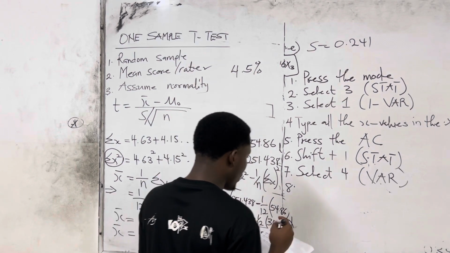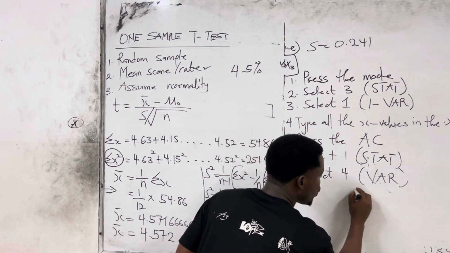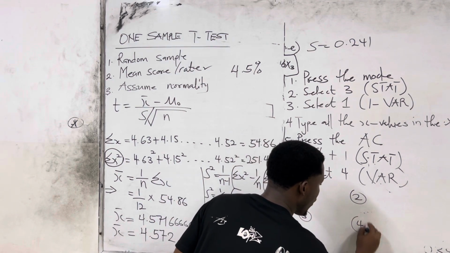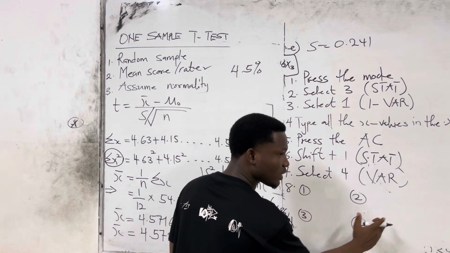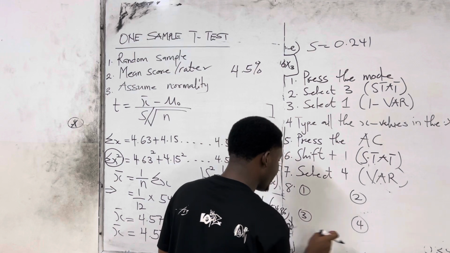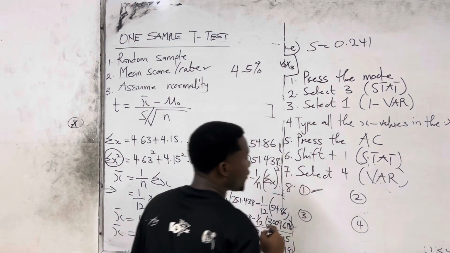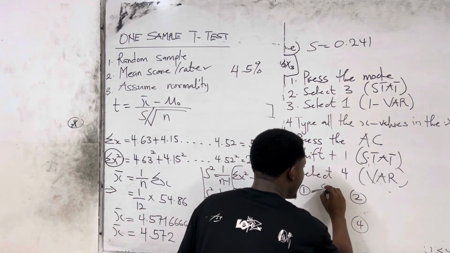What you have to do now, you see something will be given to you in 1, 2, 3, and 4. Now you will get certain symbols that have been given to you. 1, 2, 3, 4. Remember, the first one is your sample size.